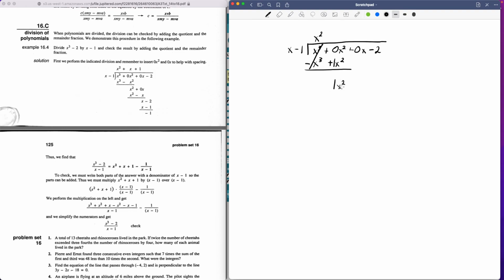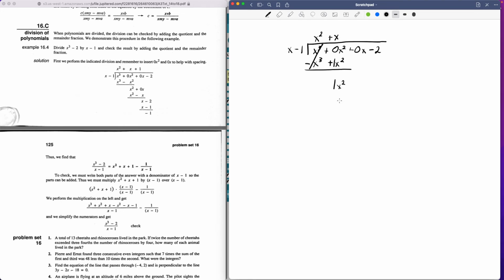And I like to, when I'm doing this, put the 1 there just for the visual reminder. The book doesn't have it, but it just helps me do a better job. So now I look at this and I say x times what gives me x squared? Well, it's a positive x.